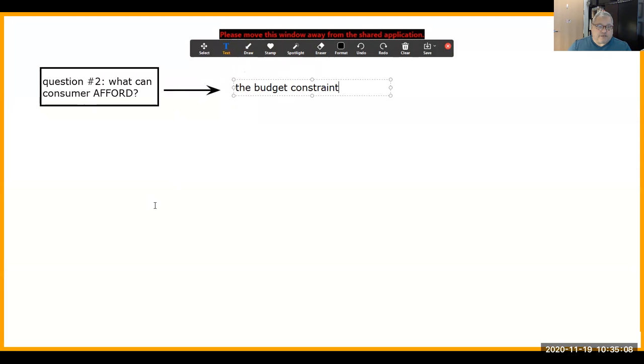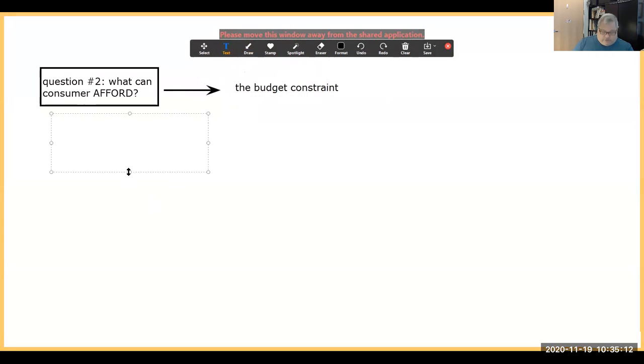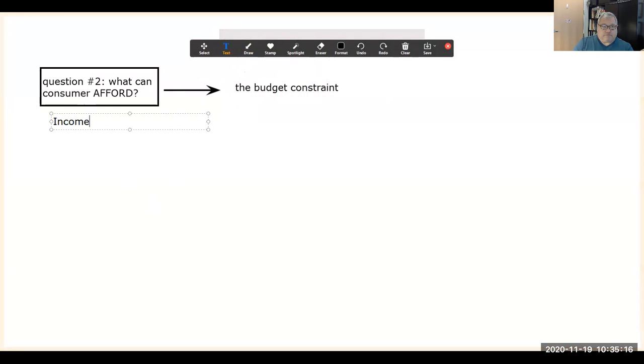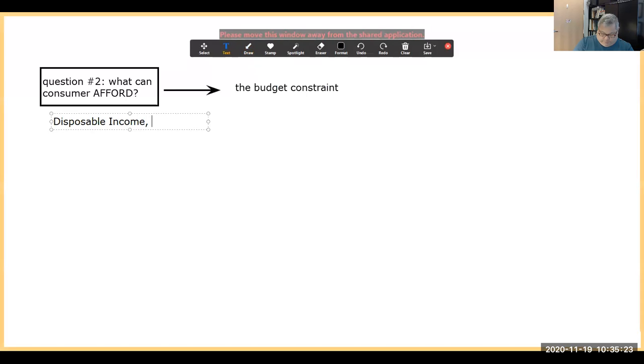So for example, we're going to need pieces of information here about the consumer. We're going to need to know the income disposable to the consumer. So we're going to call this the disposable income. I'm going to set disposable income numerically already at a quantity. Let's say that you have a disposable income of 100 units.